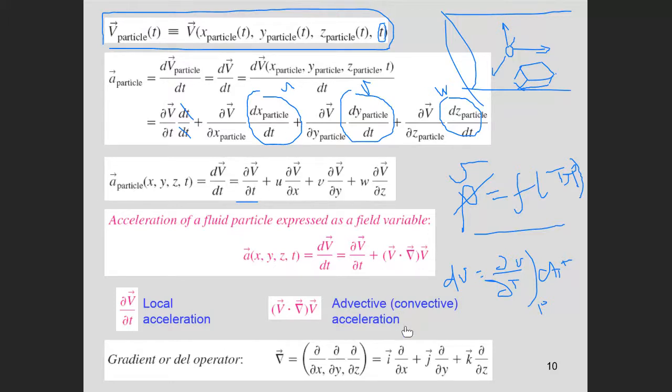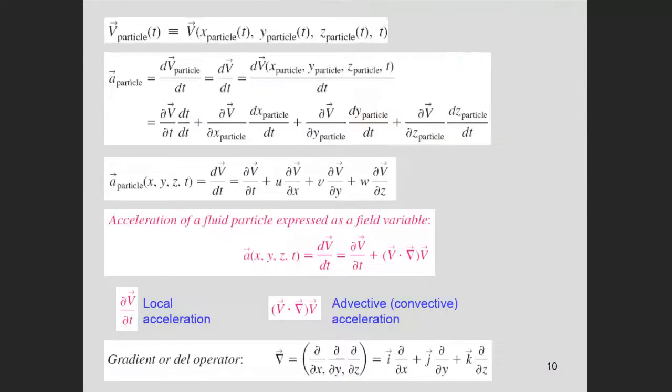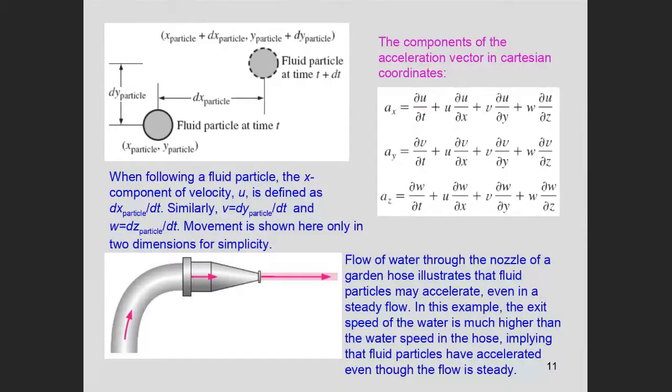Now we have to move further, gentlemen. This is the acceleration along the x, this is along the y, and this is along the z. If you expand them, guys, you will get each component.